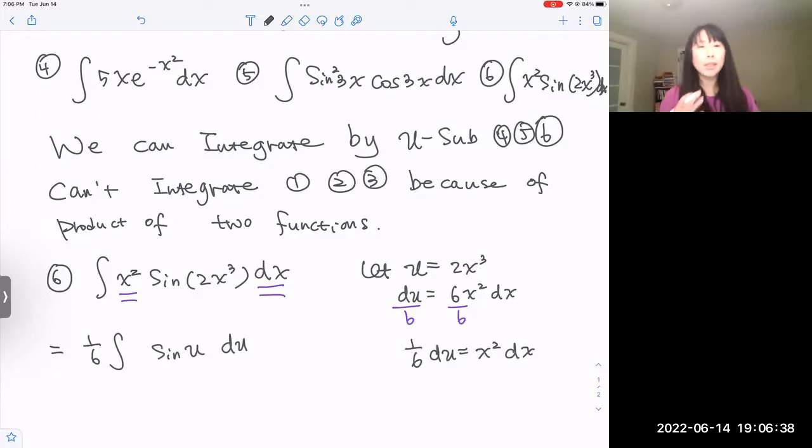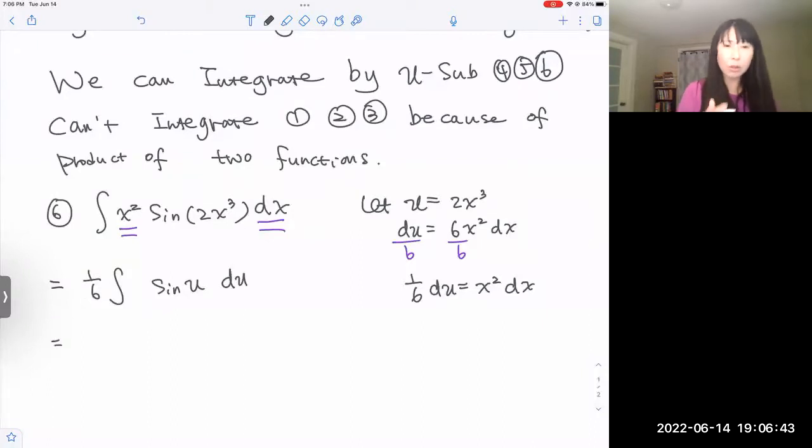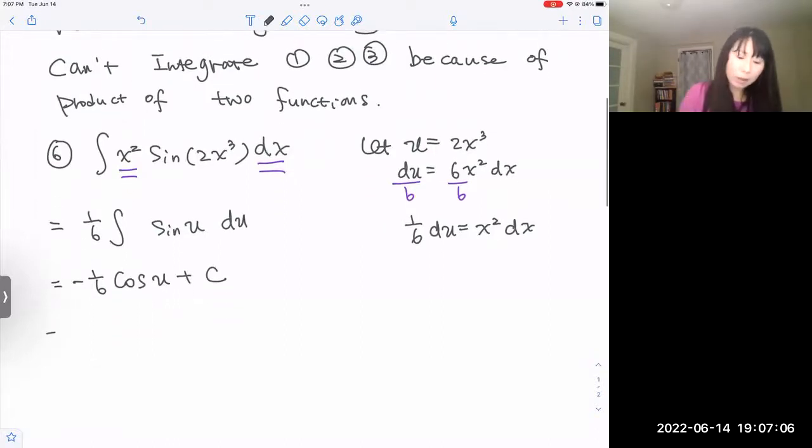All right, let's integrate. What is the integral of sine u? Minus cosine. Very good. So negative cosine u plus c, right? And minus 1/6 u, we should get back.